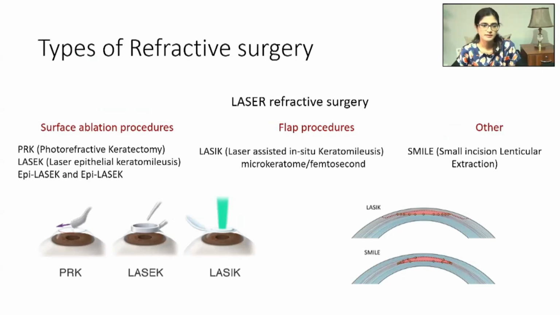Now let's talk a little bit about refractive surgery, because it's being done currently. It's been done for maybe over a decade now in Sri Lanka as well. So what we do by these laser procedures is we change the shape of the cornea, right?